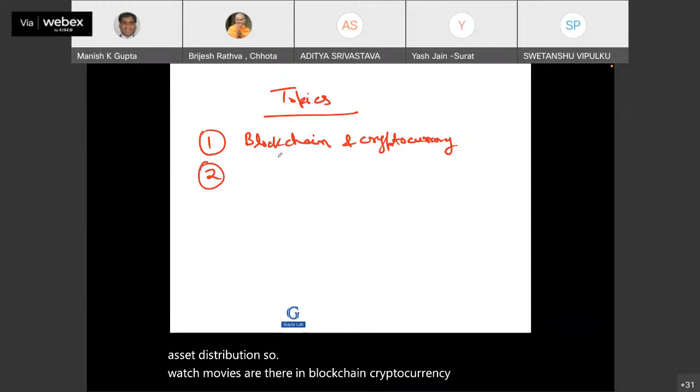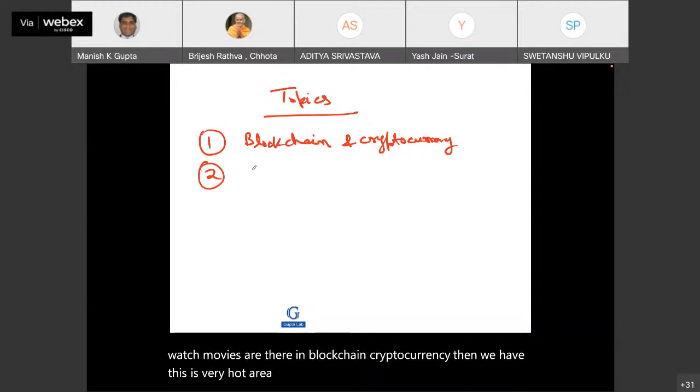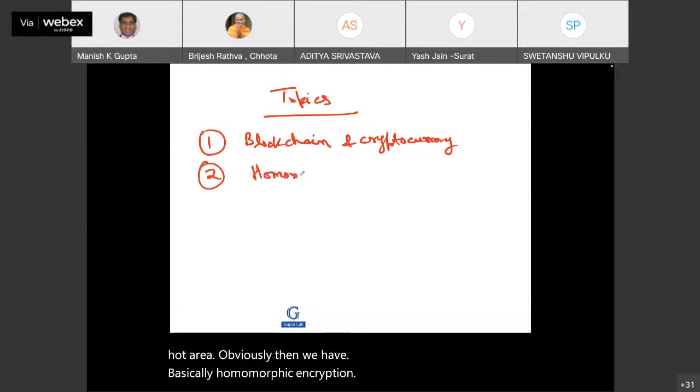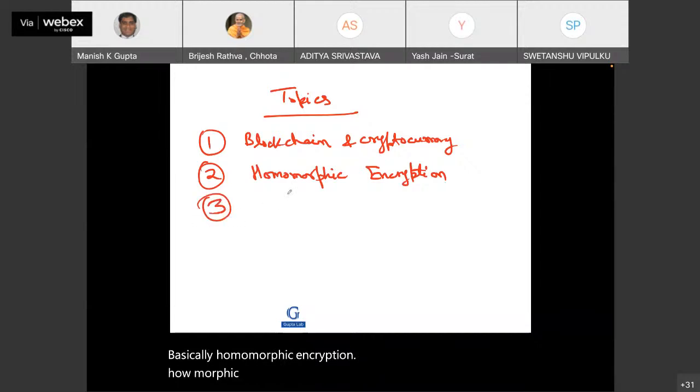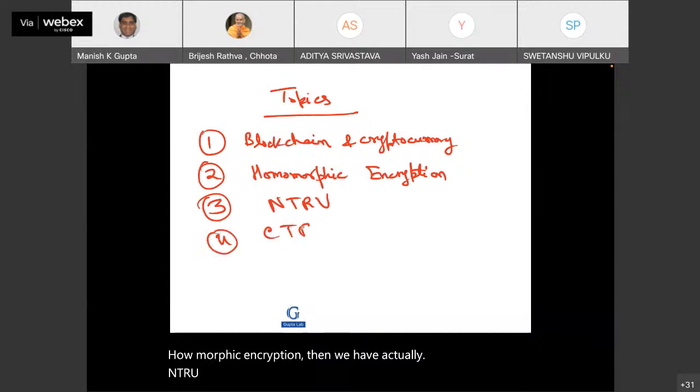This is a very hot area obviously. Then we have homomorphic encryption. Then we have NTRU, CTRU.